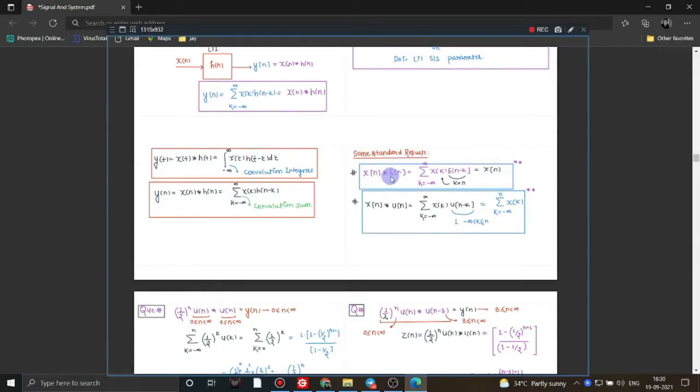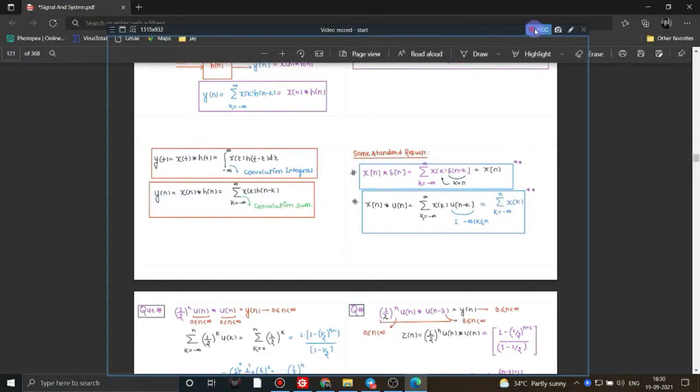If we take the convolution of any function with δ[n], then the function itself will be the answer. If we take the convolution of any function with u[n], then in the time domain we get the running integration of that function, and in the discrete domain we get the running summation of that function.